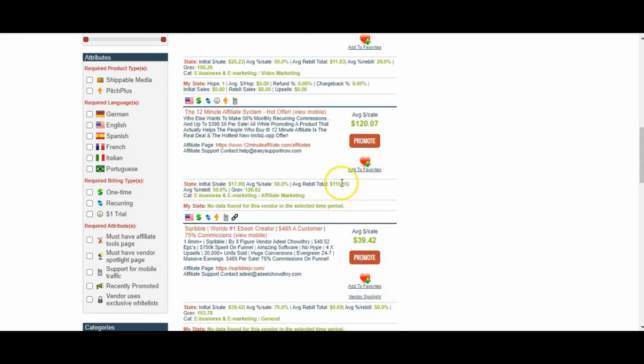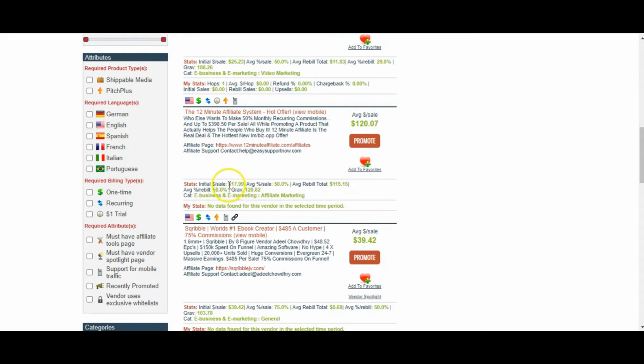Some of these products have rebilling, so it's an ongoing service that costs monthly, and these are things that we look at. So you've got this, which means rebill, the cycle. It's American, obviously pays, and it is going up in trend.